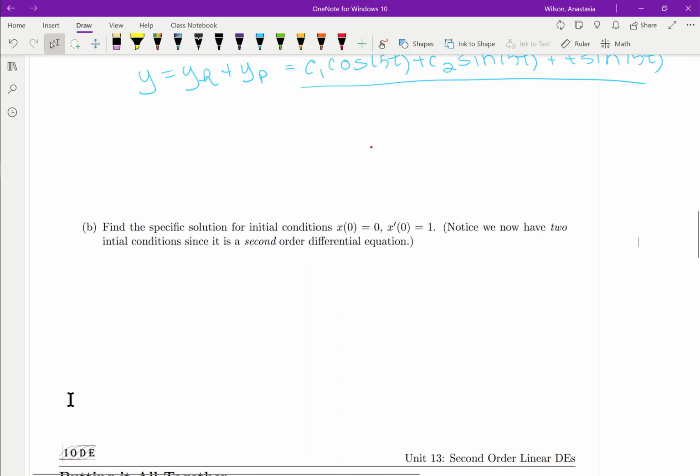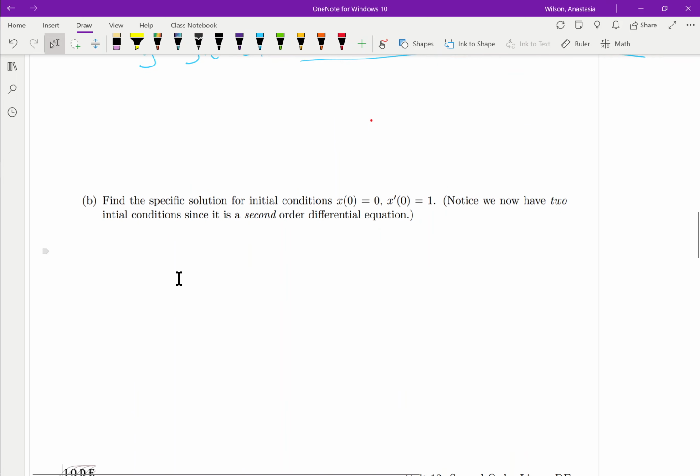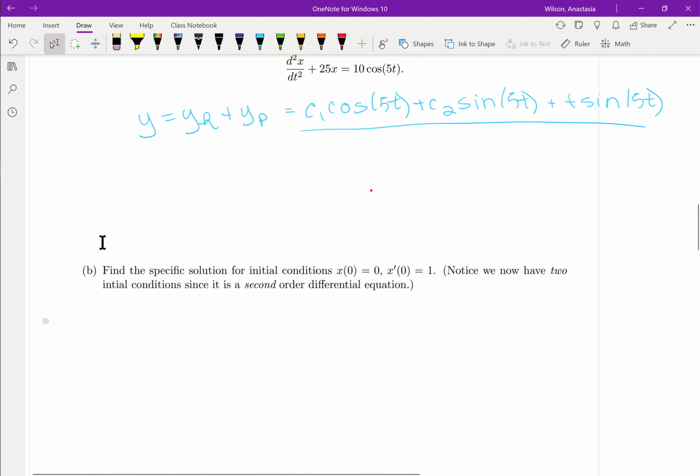In all honesty, I may need a little more room than this to work it out. First off, x of 0 equals 0.